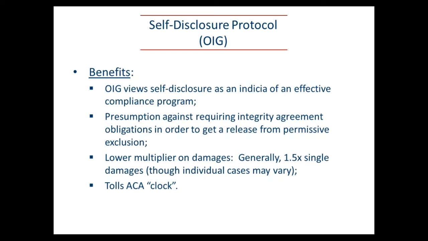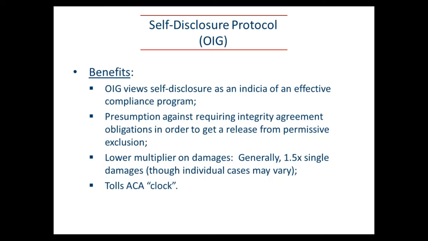Second, there's a presumption against requiring a corporate integrity agreement. You go into the process, you work it through, you may not be saddled with a CIA. Third, there's a lower multiplier generally given when a settlement is reached on damages.